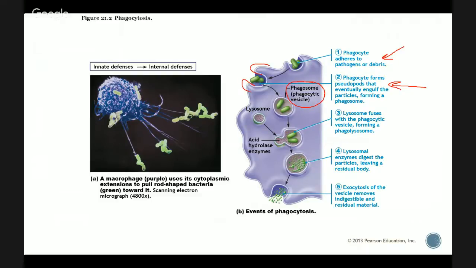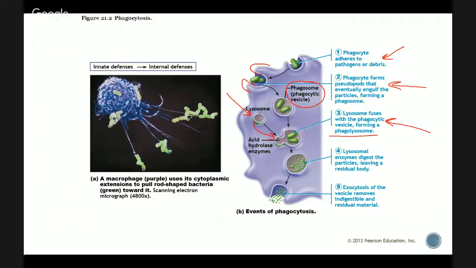Now, within this phagocyte, there are digestive components called lysosomes. So once we form that little phagosome, we take that lysosome and merge it with the phagosome. Now it's called a phagolysosome.